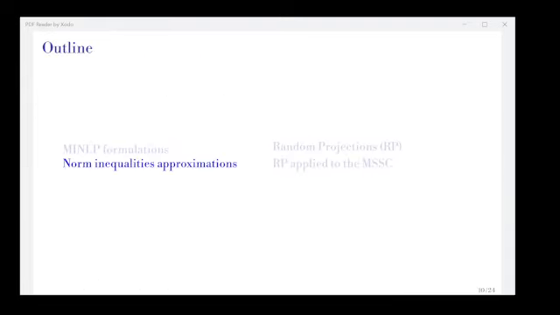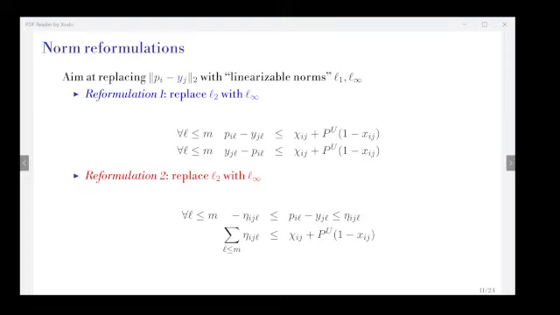Now, one thing you might want to do is to consider whether the 2 norm, which is complicated in the sense that it may be a convex term if used carefully, but it's still non-linear, could be replaced by the 1 norm or infinity norm that are known as linearizable norms, because in mathematical programming you can linearize them. So you can replace the L2 norm terms with L infinity, and then you can simply add these constraints to the formulation, which define the enforcement of the L infinity norm between p and the centroid.